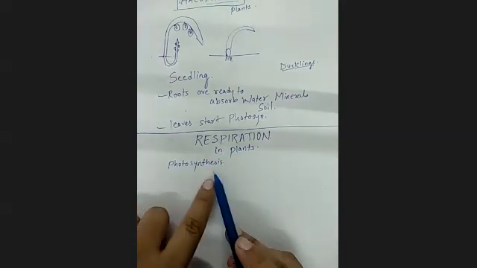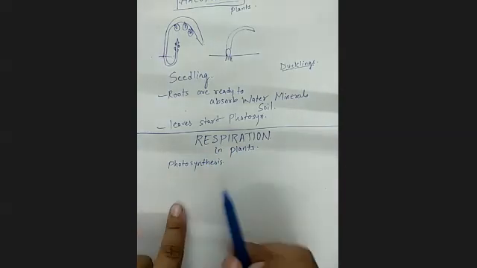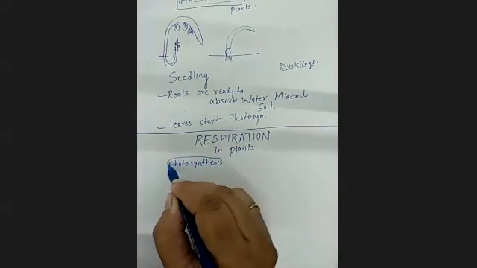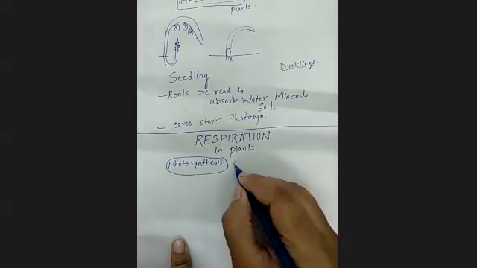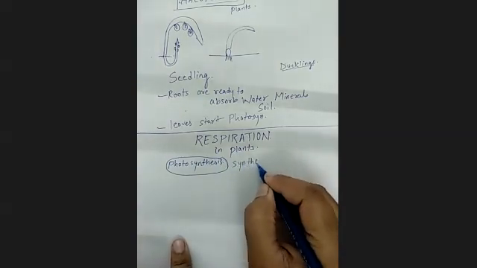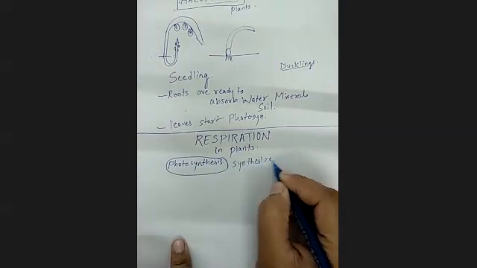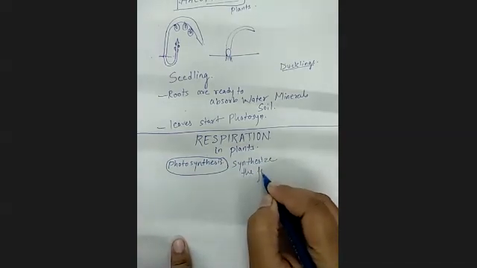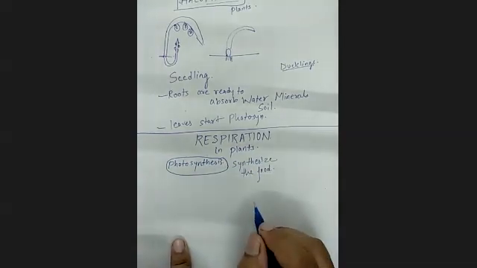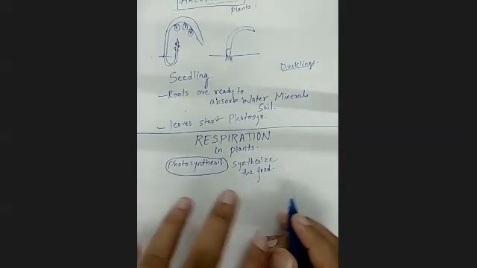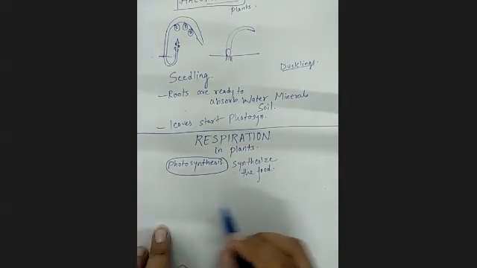Okay. So now in this chapter, what we have to study is respiration, which is a completely reverse process of photosynthesis. Why is it reverse? Because in photosynthesis, the plant synthesizes the food. So synthesis of food occurs in the process called photosynthesis.